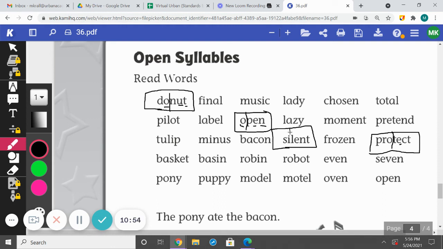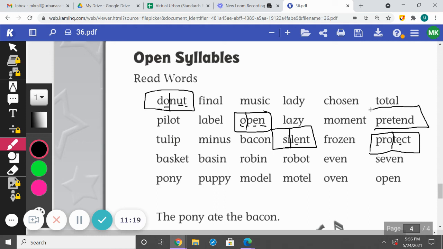Yeah, silent. Well, our first syllable, we have our I for our vowel, but look, it's open. Nothing's closing it in, so it's going to be long I, sigh. That's why you hear it say its name. And then here we have our E, but it's closed in, so it's just short. So silent. We're going to do one more.